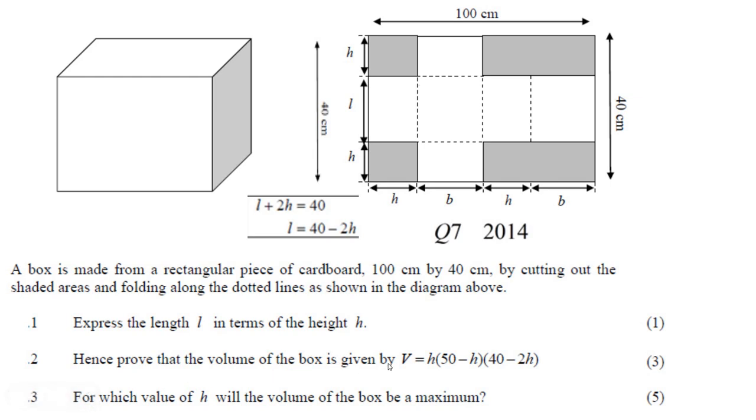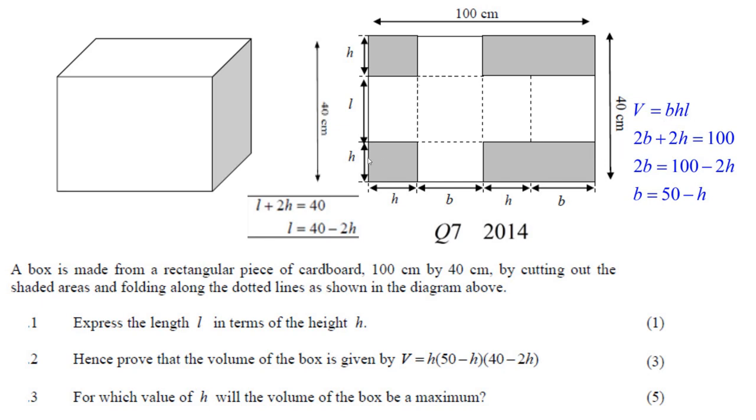Now prove that the volume is h times 50 minus h times 40 minus 2h. Well, what is volume? It's the base times the height times the length. We've got the height, it's just h. The length we just worked out, which is 40 minus 2h. Our only problem is the base.